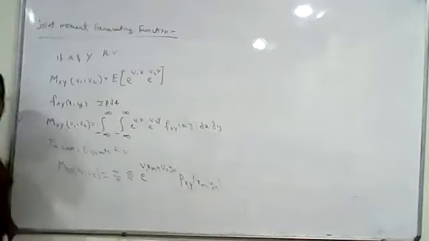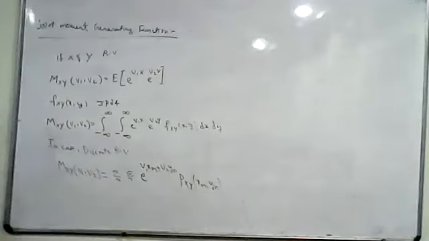So this is the formula to find the joint moment generating function in the case of discrete random variables. We will be having two summations, one with respect to x, the other with respect to y, e power v1 x_m plus v2 y_n, p_XY of x_m comma y_n.